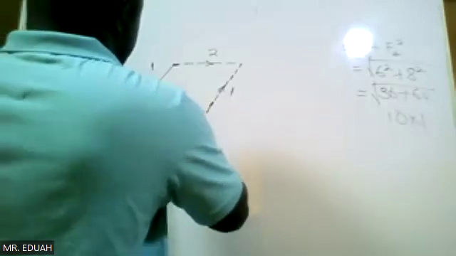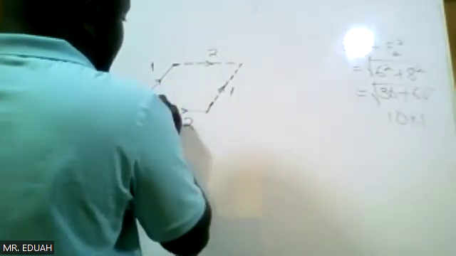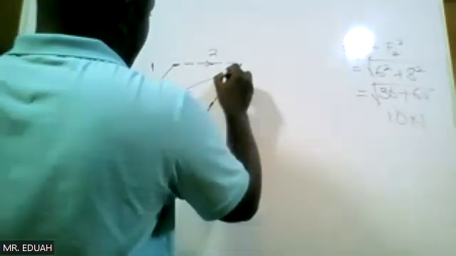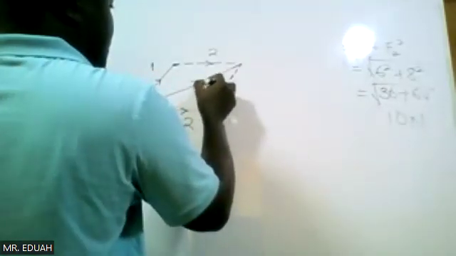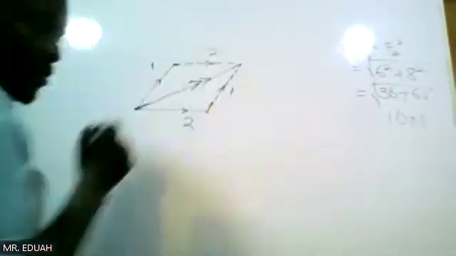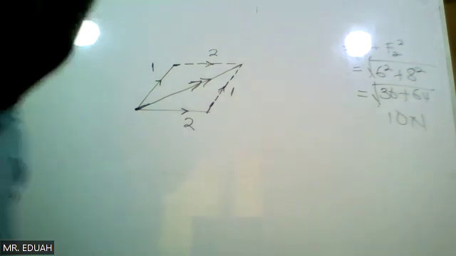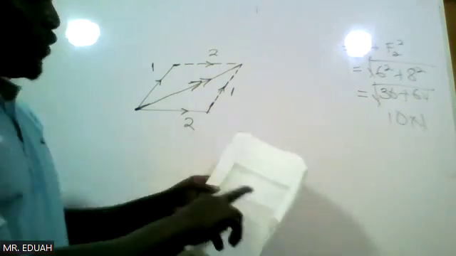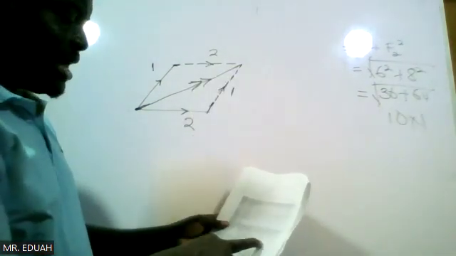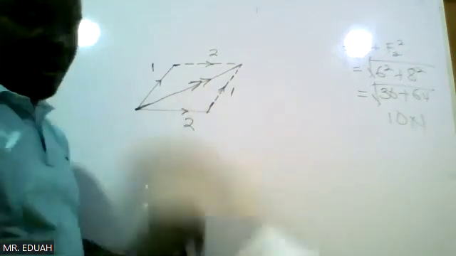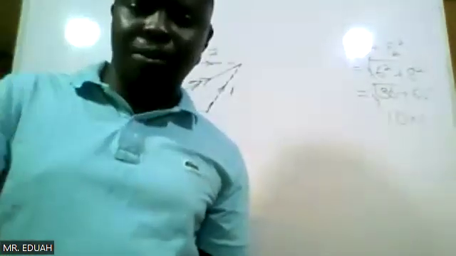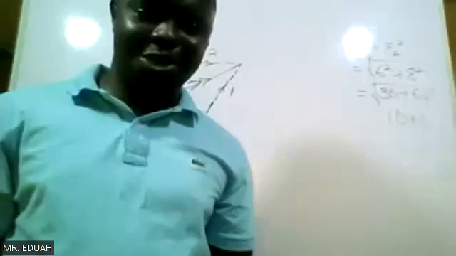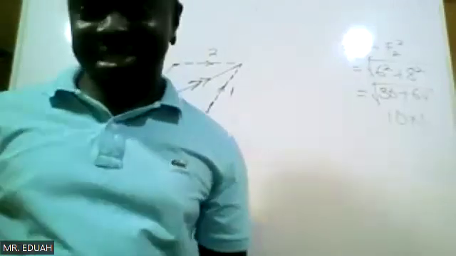Then a vector drawn from the tail of this to the head of 1 will represent the resultant. If you look at the possible answers here, B resembles this one. Thank you so much for your wonderful contributions. You are spot on.